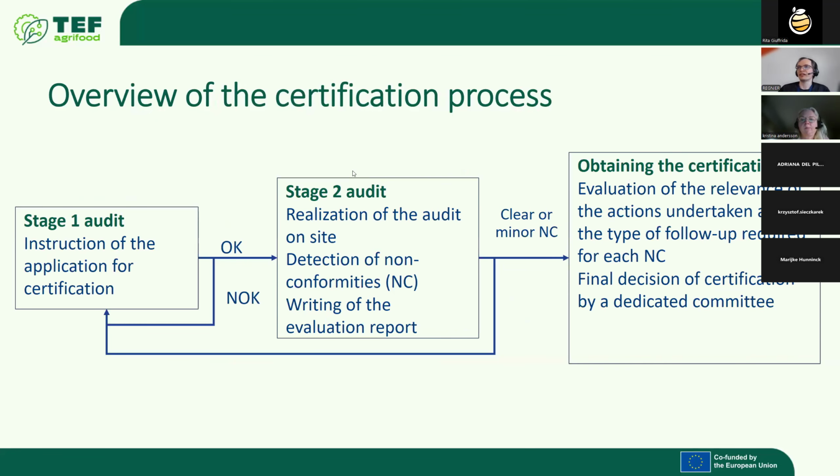So basically, the certification process has three stages. The first stage is the audit. It starts with the instruction of the application for certification. After that, we realize the audit on site, detect non-conformities, and write the evaluation report.